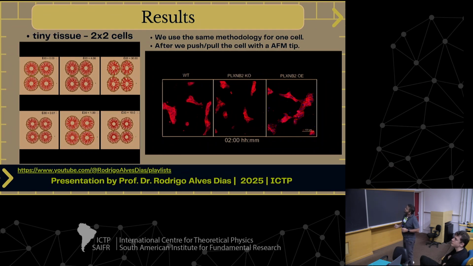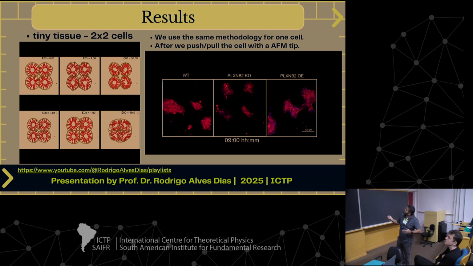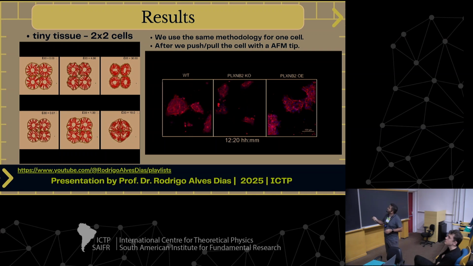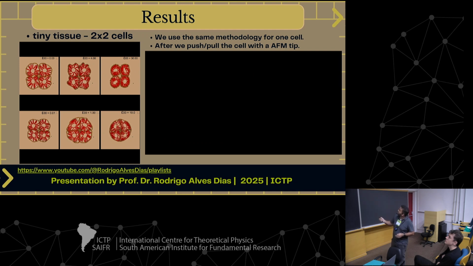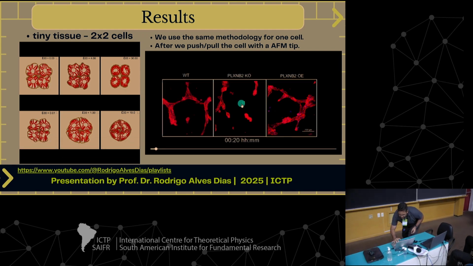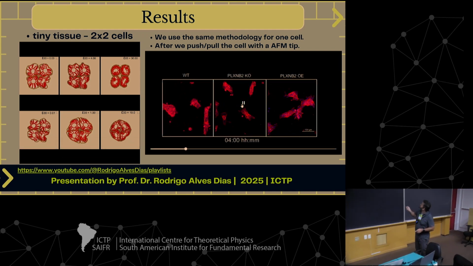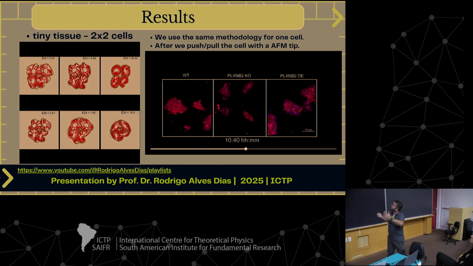The idea here is experimental, or I can think of it as a simulation, with cells with small plexin and cells with a lot of plexins.